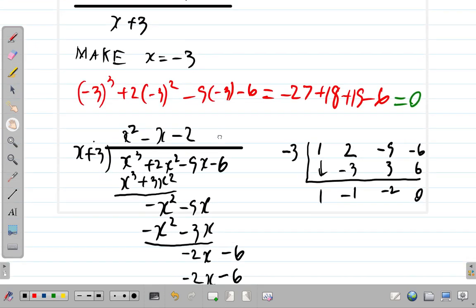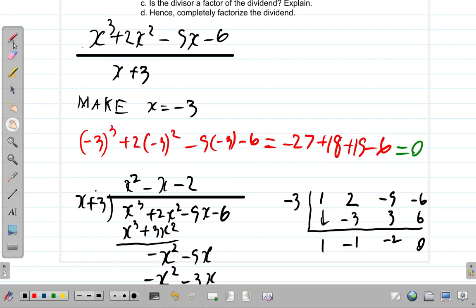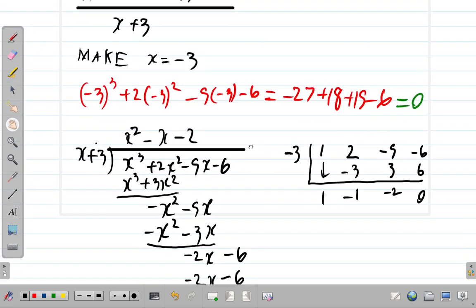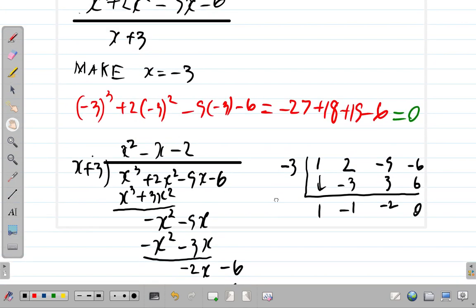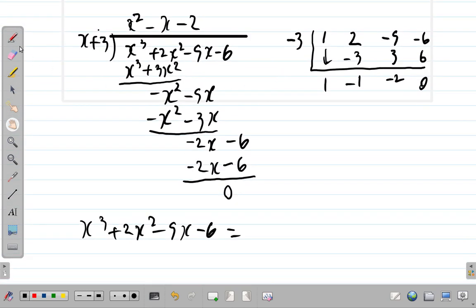So far, you know that x cubed plus 2x squared minus 5x minus 6 is equal to x plus 3 times x squared minus x minus 2.